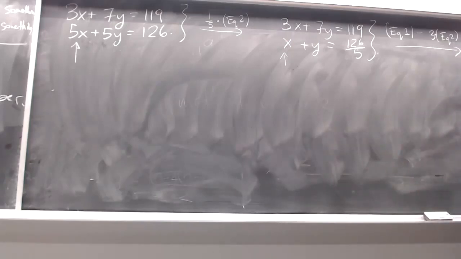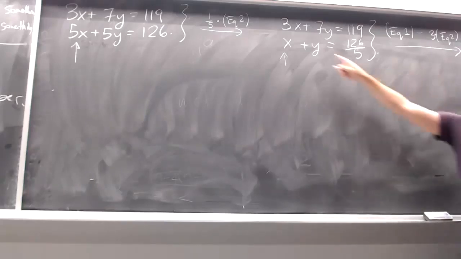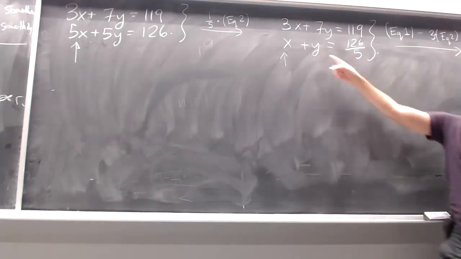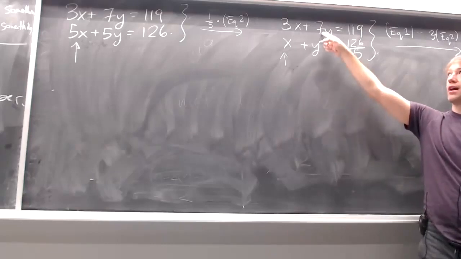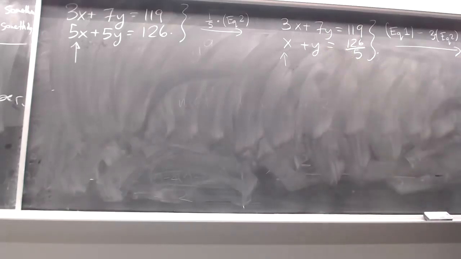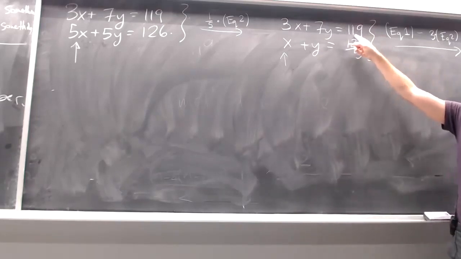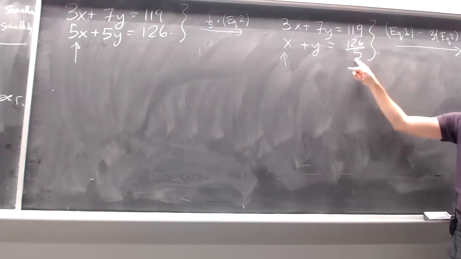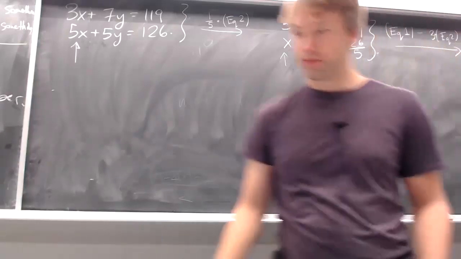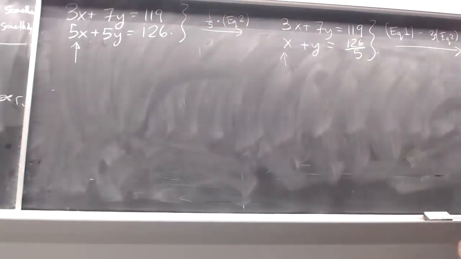So here I've got 0x. If I take away 3 times y, I'll have 4 y's. So I've got 4 y's equal to 119 minus 3 times this, which you can do better than I can because I don't have a calculator up here.